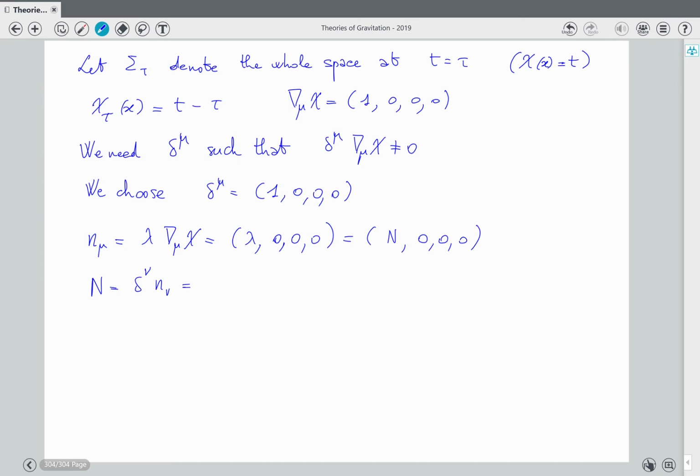And that's the product of these two things, so that's lambda. So we will write in this notation n mu as capital N, 0, 0, 0.